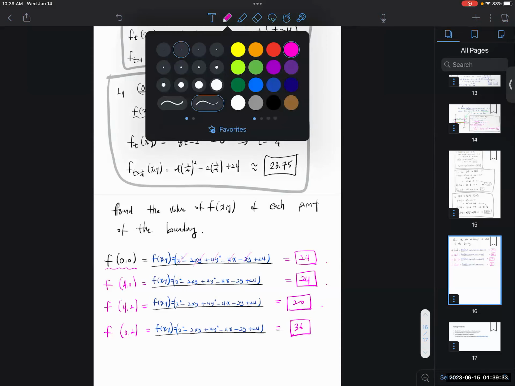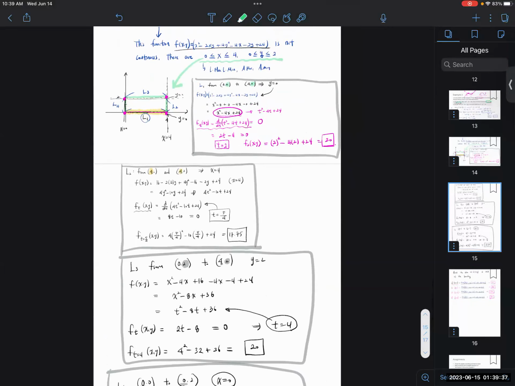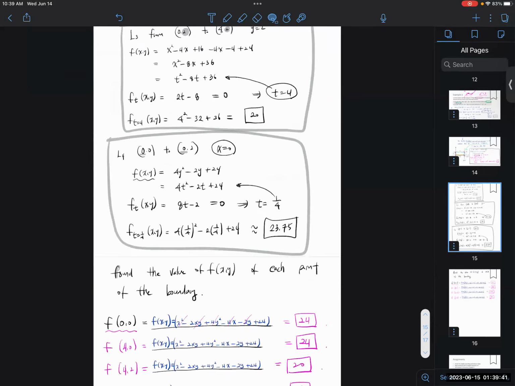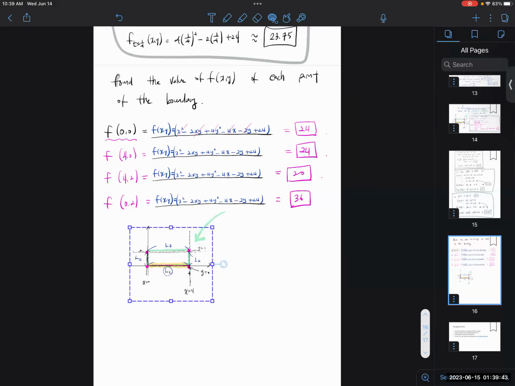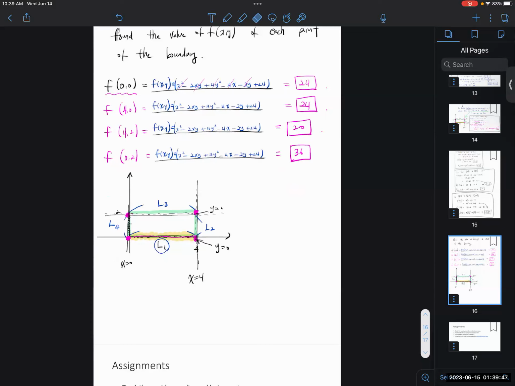Okay, I'm going to show you one more thing. I'm going to bring this one here, copy and paste. So what I did, I found the numbers. When x is 0, 0, the outcome of the function is 24. At (4, 0), you got 24.